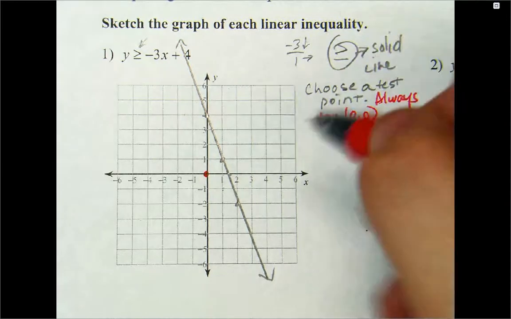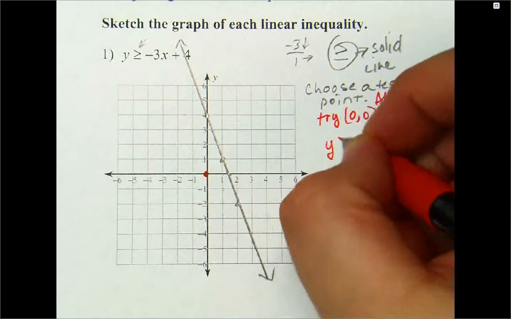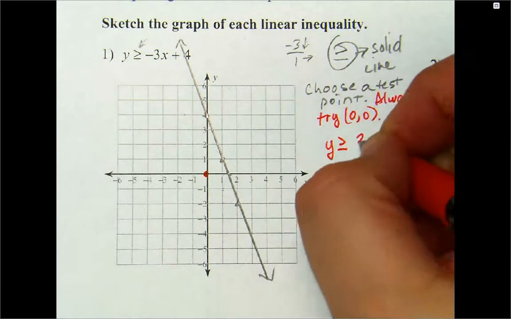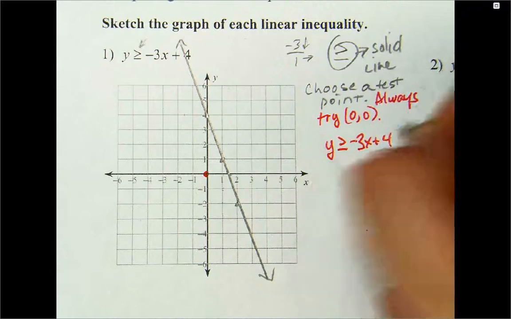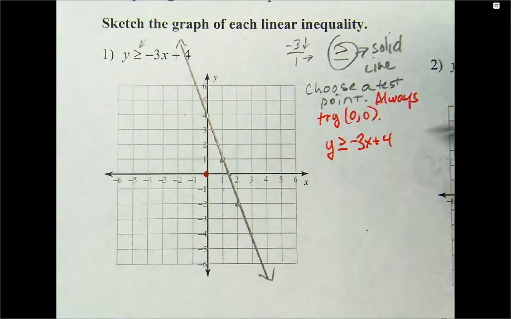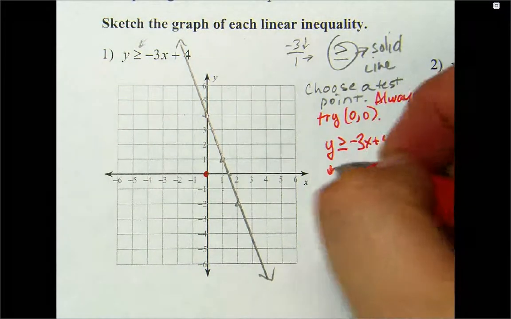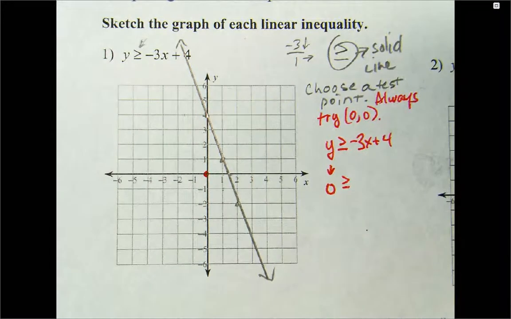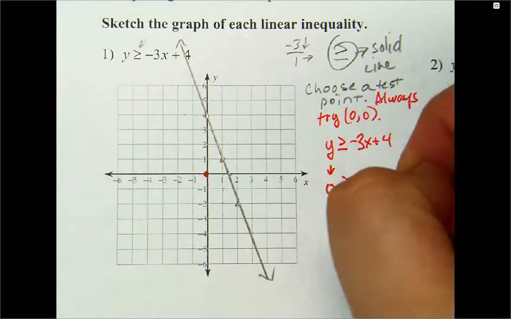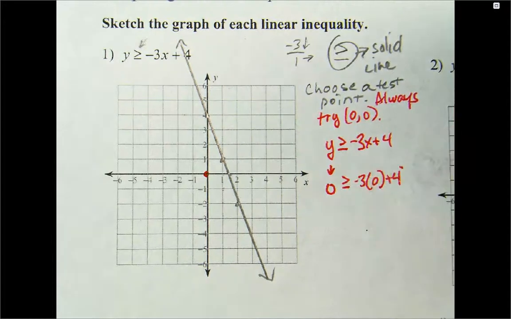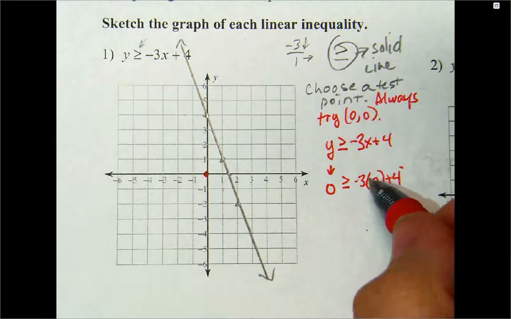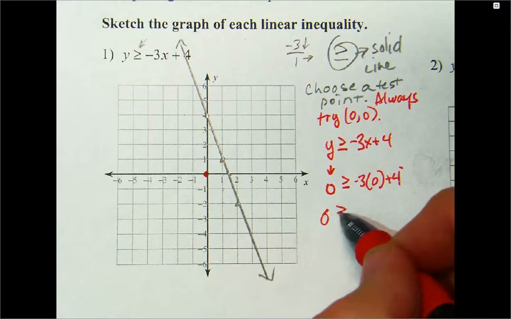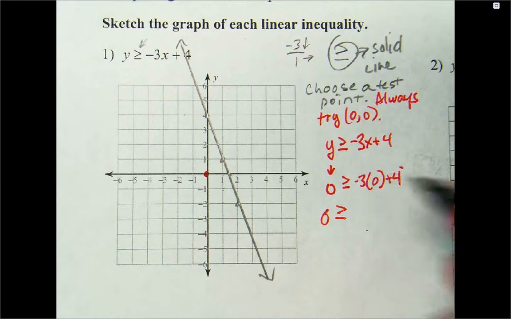And so I would take y is greater than or equal to negative 3x plus 4. And then you substitute in the zeros. So what's my y going to be? 0. It's greater than or equal to negative 3 times 0 plus 4. So 0 is going to be greater than or equal to, what's negative 3 times 0? 0.